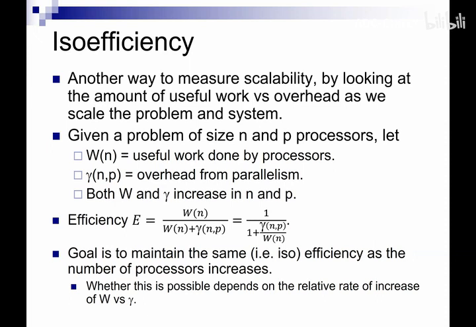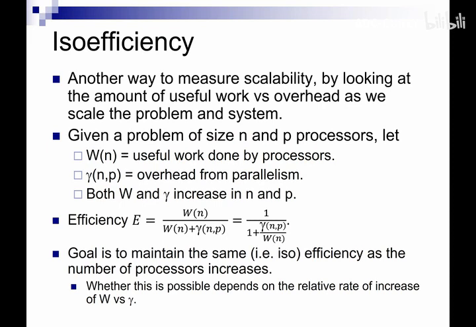So the way we're going to do this is that suppose you have a problem of size n. This is the problem size, and suppose you're using p processors. Now let W(n) be the amount of useful work that's being done by the processors. This is all the work that does not include the overhead. The total amount of work done by the program includes both the useful work and the overhead that you're paying from parallelizing.